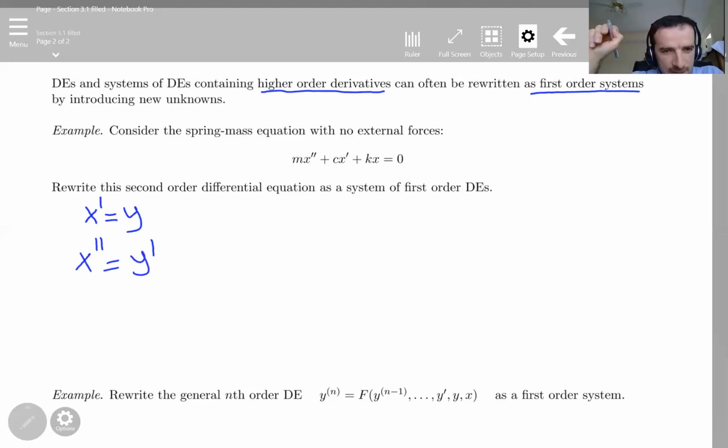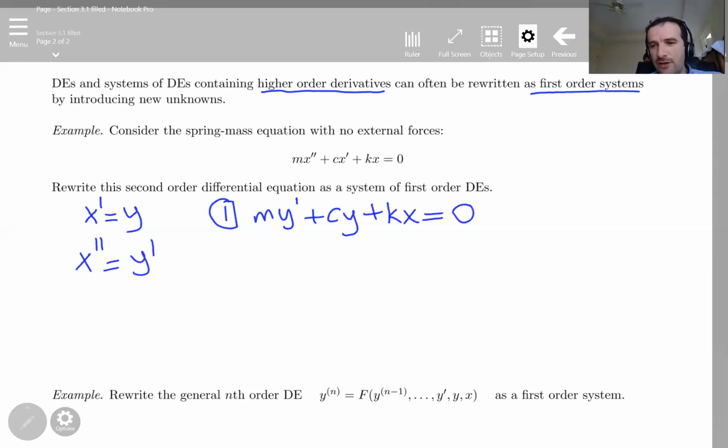So what is our first order differential equation? I can plug this in: m y prime plus c y plus k x, I don't do anything for x, is equal to 0.